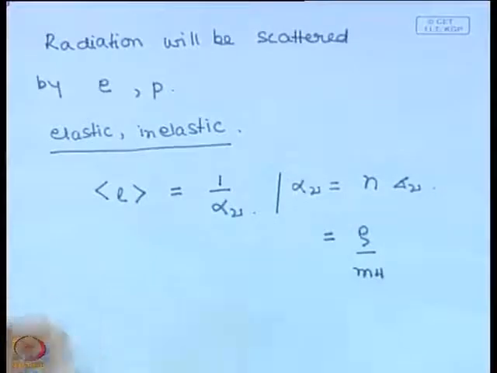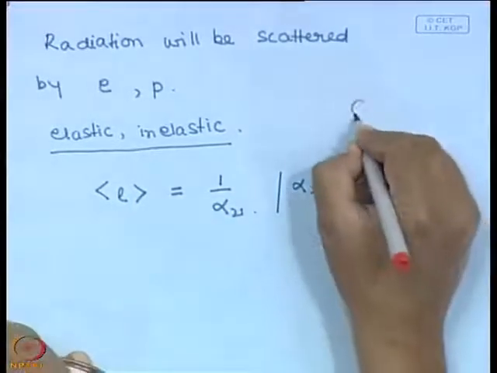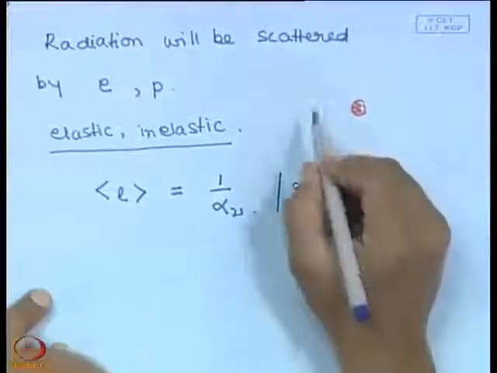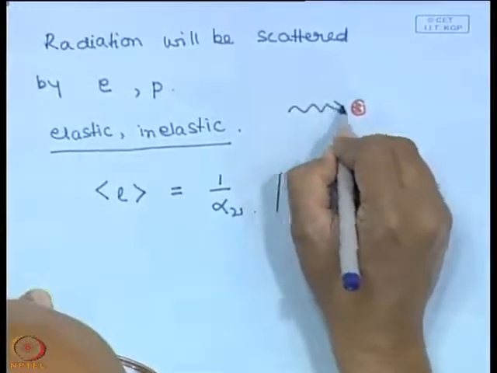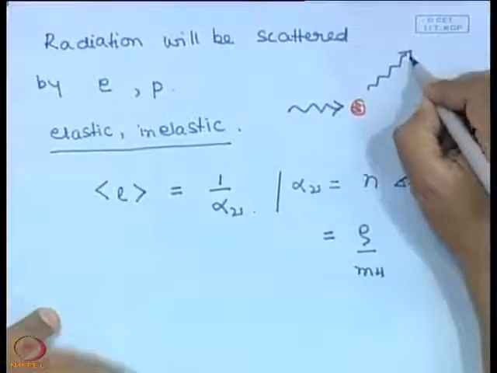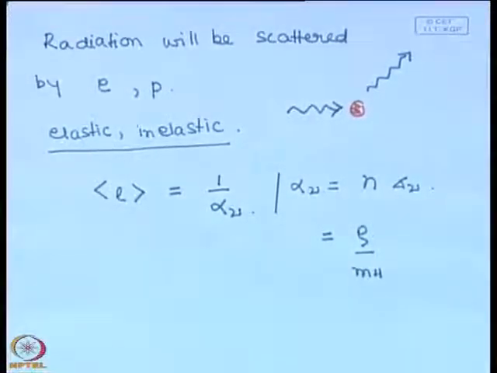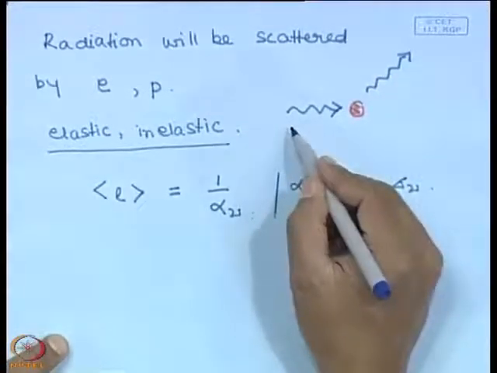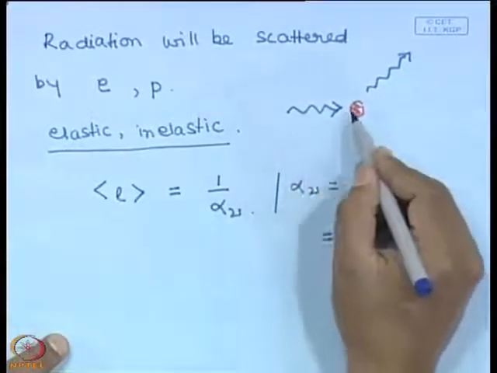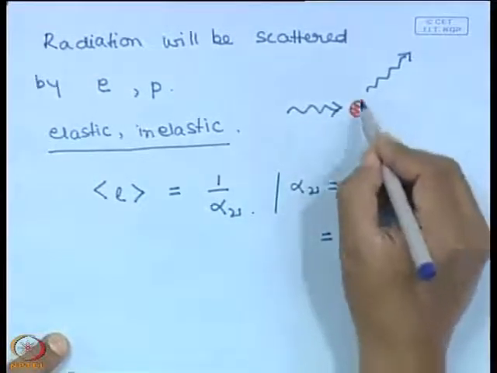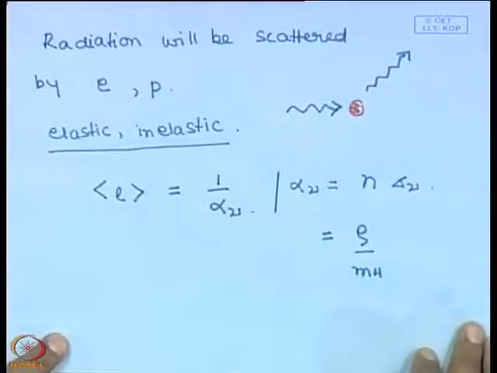In Thomson scattering what happens? Let me draw a picture. So, in Thomson scattering, this is my electron, the radiation incident on this is scattered into some other direction, and you can treat the electron as oscillating because of the incident electromagnetic radiation's electric field, and then calculate the dipole radiation from that oscillator. That is Thomson scattering, okay.